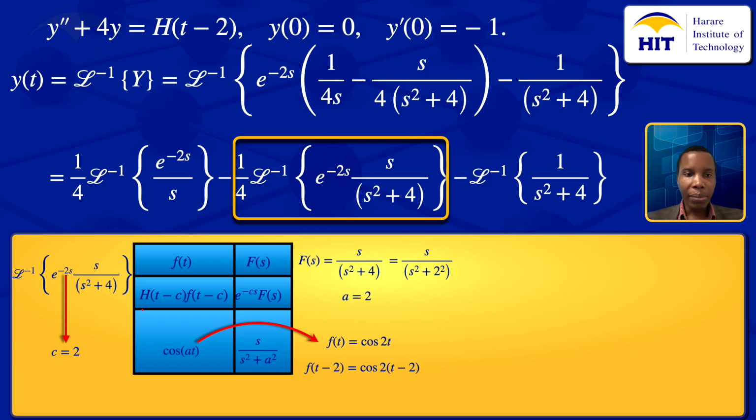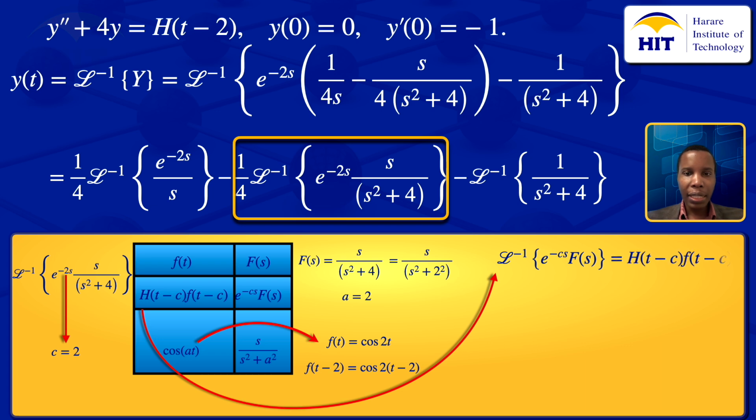And from our table here, the inverse Laplace transform of exponent of minus cs times f of s is h of t minus c multiplied by f of t minus c.